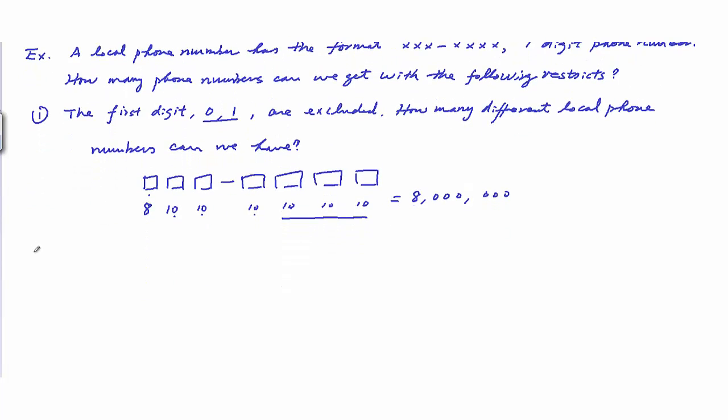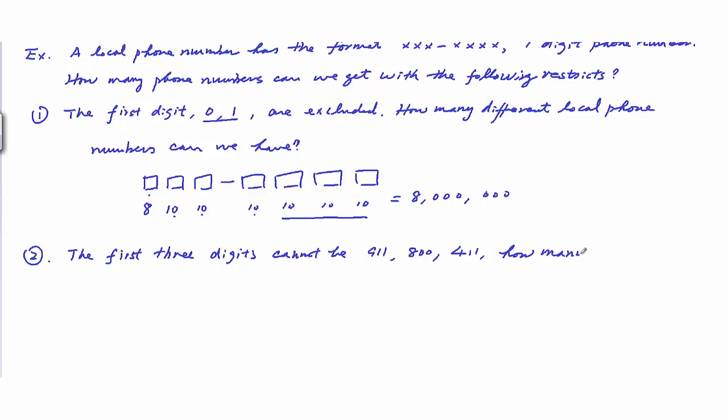But in another case, we know there are numbers like 911, 800, 411. The first 3 digits cannot be 911 for emergency, 800 for toll-free numbers, or 411 for inquiries. If the first 3 digits cannot be these, then how many different phone numbers can we have?